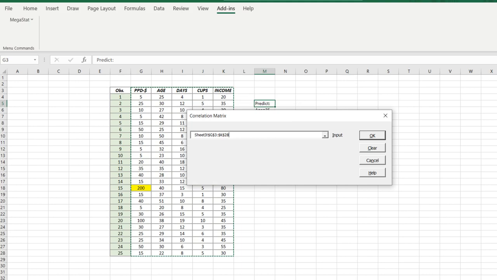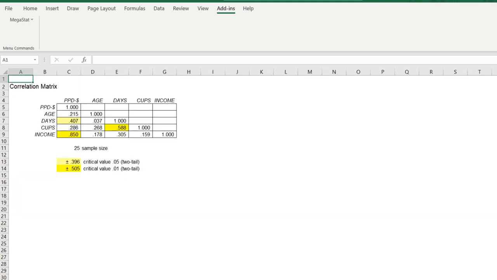There's really nothing else there that I need to input. Just hit OK, and there you go. So here's our correlation matrix. Now the ones that you see along the main diagonal, that's always the case, because, for example, age correlates with itself 100%.